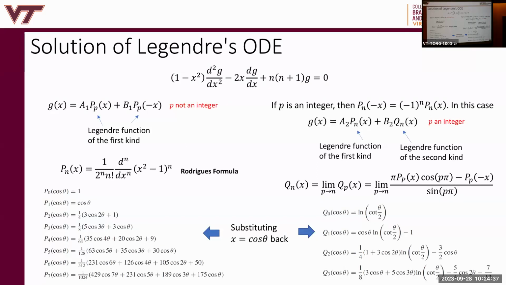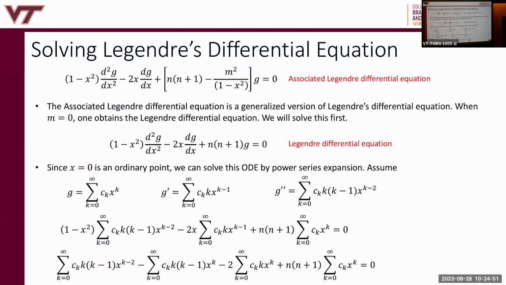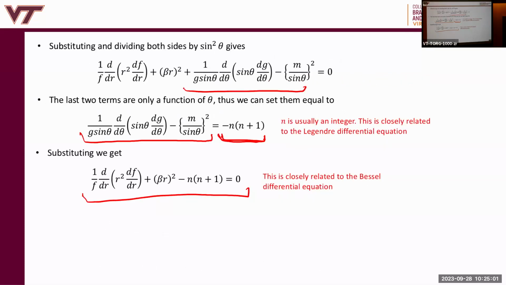Question? I might have missed the point. What exactly is m here? Okay, we've set m equal to 0 first. The differential equation that came out of the wave equation has m in it, right?